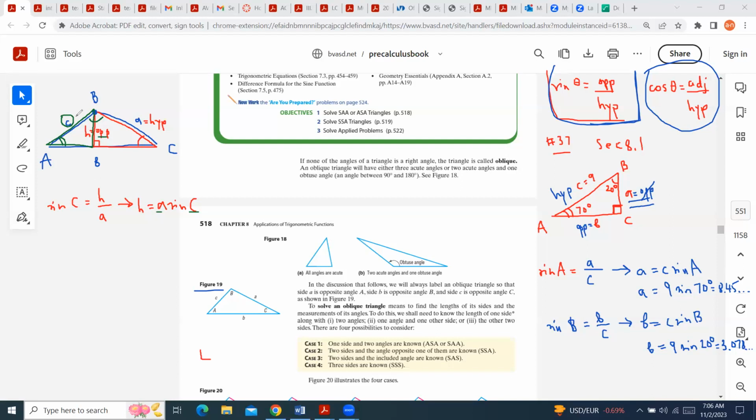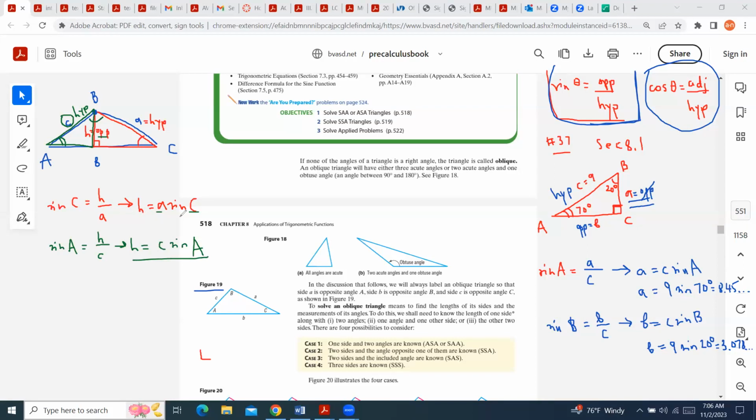And this is again hypotenuse. Alex, hypotenuse was A. Yeah, it was in the previous case, but now I consider a different triangle. So again, I can say that sine of A is equal to opposite, it's still h, opposite to it, right? Divided by hypotenuse C. So I can again pull out h. It's going to be C multiplied by sine of A.